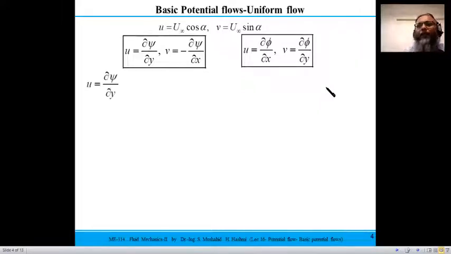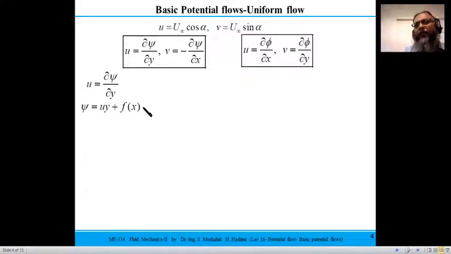Okay, let's take the stream function for this. u is how psi changes with respect to y, and for this uniform flow we know the value of u is u infinity times cos alpha. So I am interested in calculating the corresponding stream function. I have to take the variable psi on the left hand side and y on the other side.